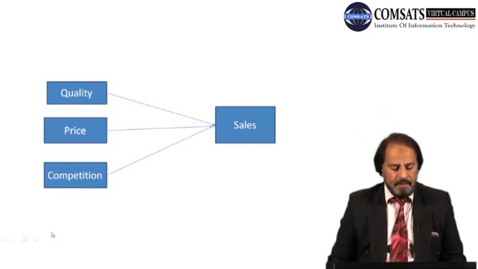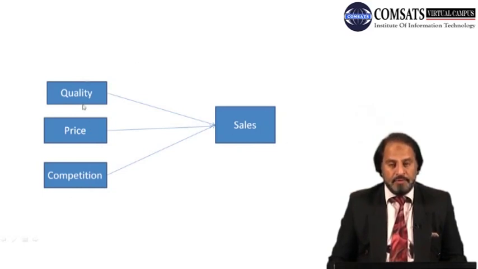So keeping that in mind, this is the model we were talking about. Let's see. We are saying the higher the quality, the lower the sales is. The higher the price is, the lower the sales is. The higher the competition is, the lower the sales is.